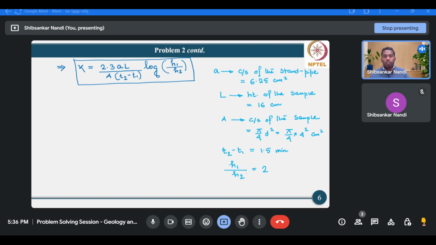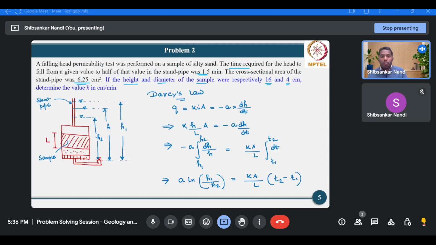These are the data given in this problem. Now we have to simply substitute these values in this equation. Only after that can we determine the hydraulic conductivity of the given sample of silty sand.